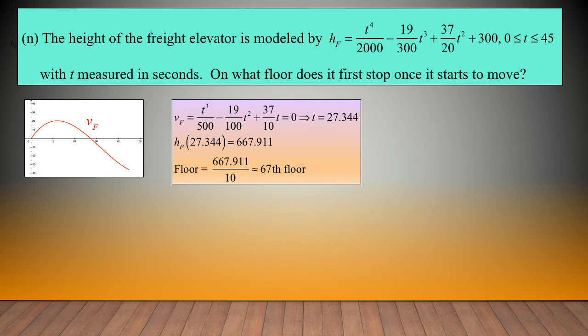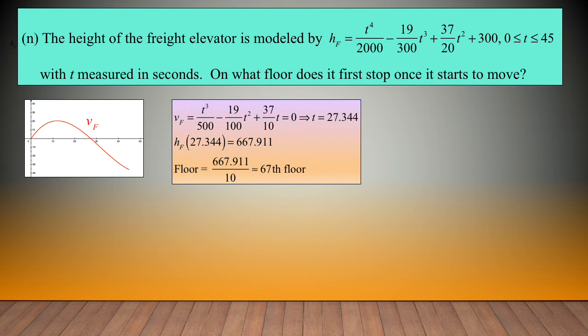In order to do this, we first of all will take v of the freight elevator, which is the derivative, and we get t cubed over 500 minus 19 100ths t squared plus 37 tenths t, and we set that equal to 0, and we get t is equal to 27.344.